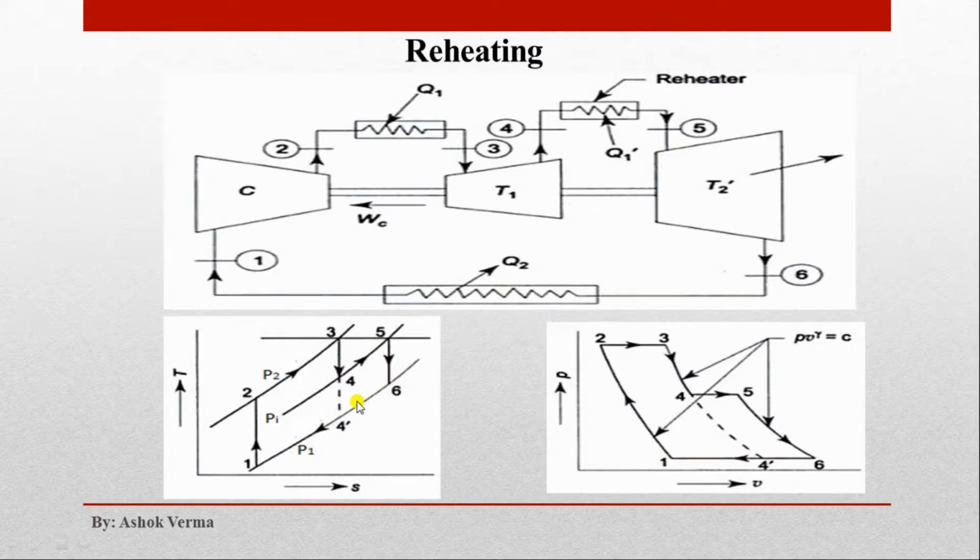So with multi-stage expansion and reheating, the net work output from the turbine will increase. This is the TS diagram and this is the PV diagram. 1 to 2 is compression, then heat addition, then expansion in turbine 1, then heat addition or reheating at constant pressure, then expansion in the second turbine, then heat rejection at constant pressure, and then again compression.